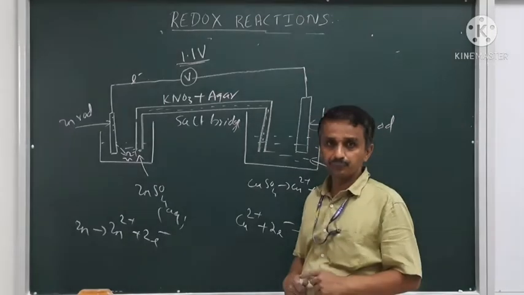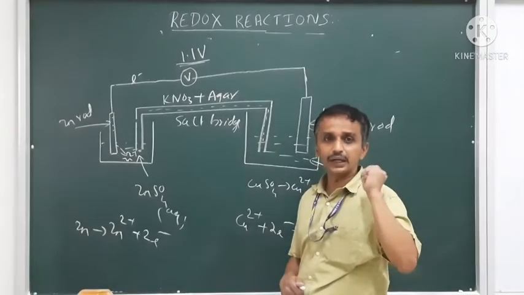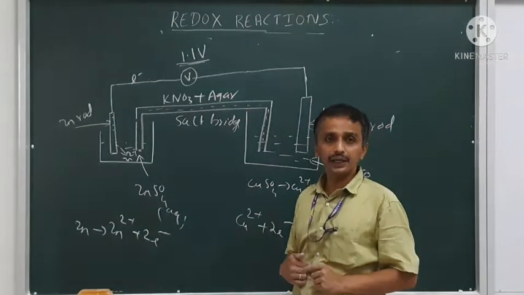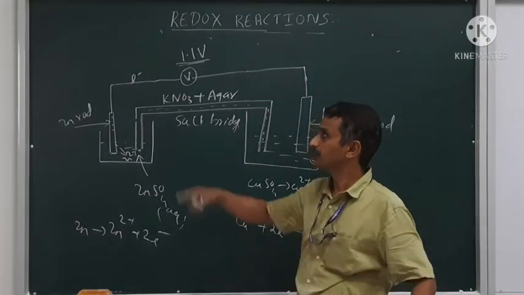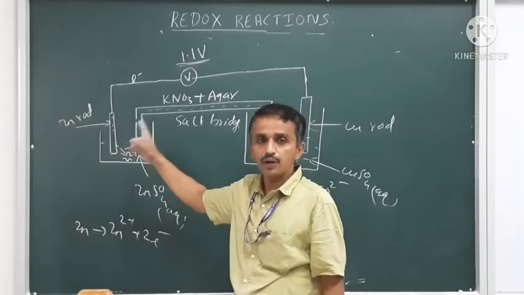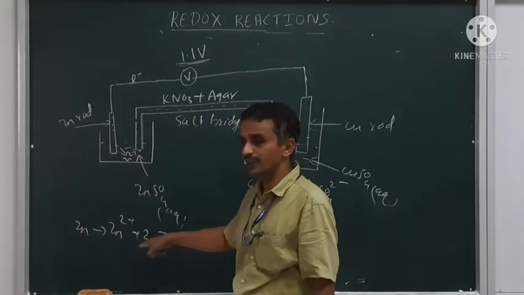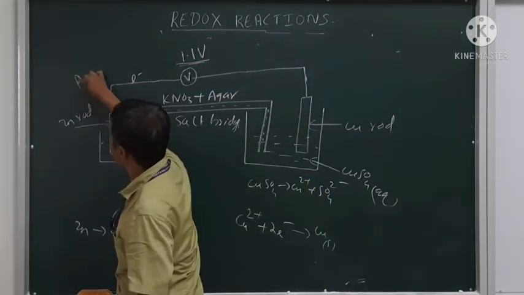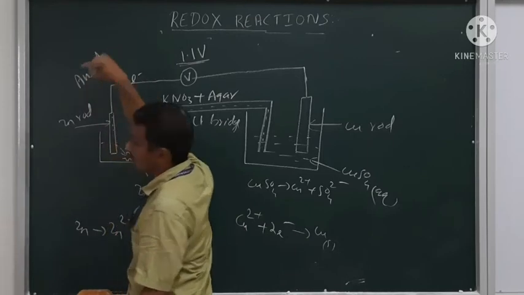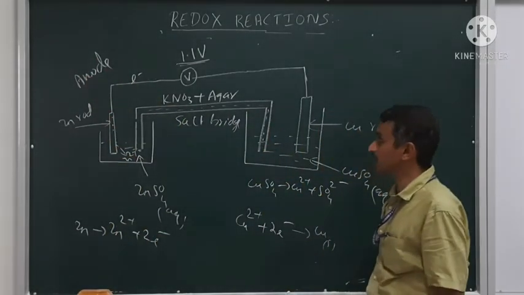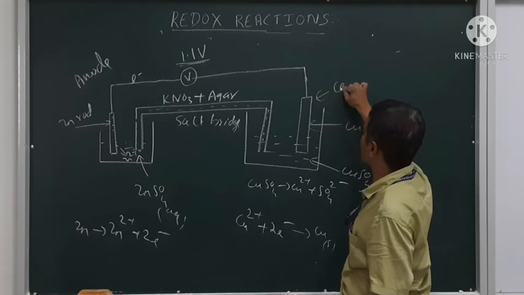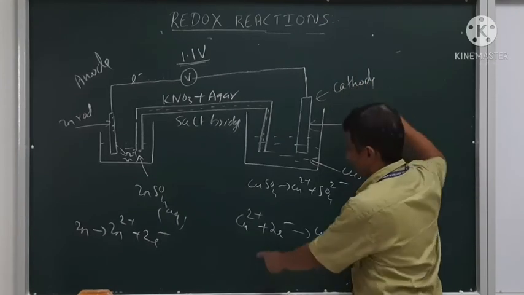And remember, whether it is an electrolytic cell or an electrochemical cell, always oxidation takes place at the anode, and your zinc is under oxidation, means this is anode, and reduction takes place at cathode, so this is cathode because there is a reduction process here.